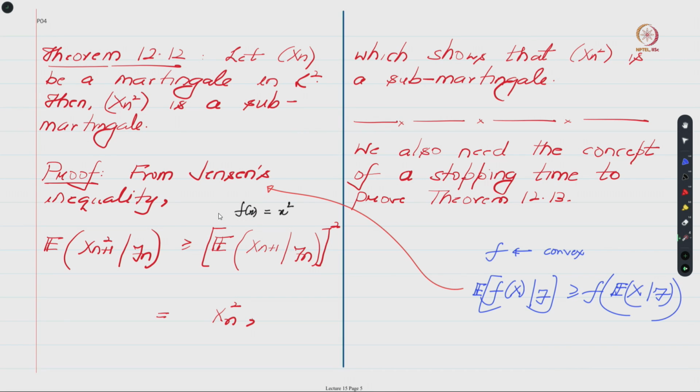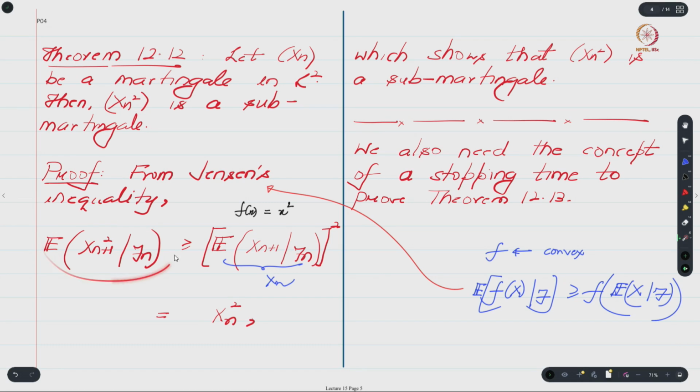If you take the conditional expectation, that function goes out, and you are left with the conditional expectation of Xn plus 1 given Fn. Now since the given Xn sequence is a martingale, this expression will turn out to be simply Xn, and then you have a square over here. So together we end up with Xn square. Is that okay? So what we have managed to show is that the conditional expectation of Xn plus 1 square given Fn is greater than or equal to Xn square, which immediately tells us that Xn square is a sub-martingale.